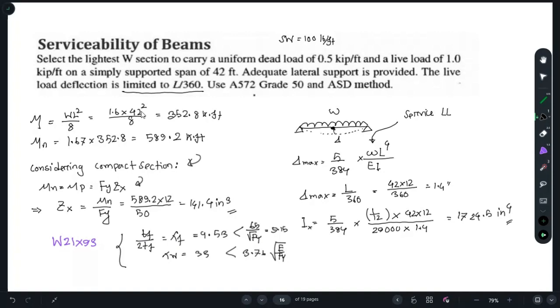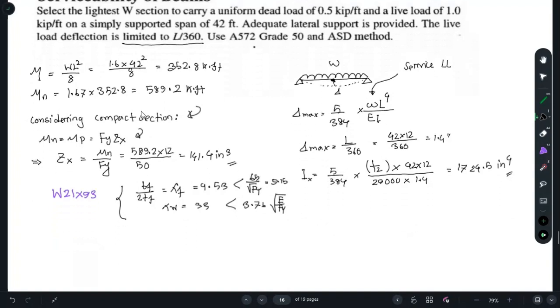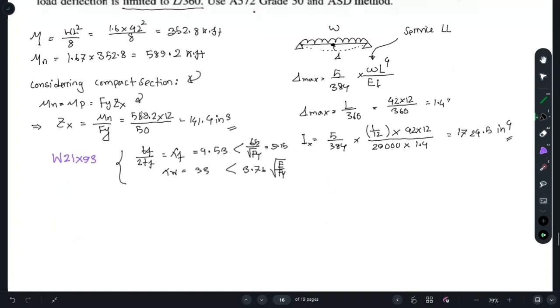So now the other thing you need to check is that the section is okay for shear. The maximum shear actually comes at the support, and that is V equals wL over 2. In this case, w is 1.593. How?